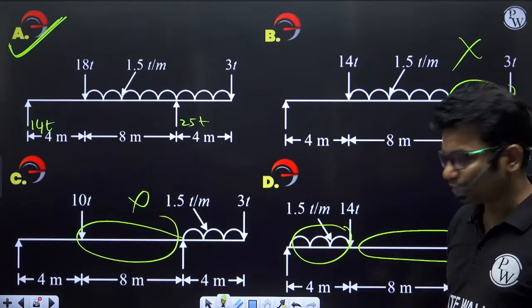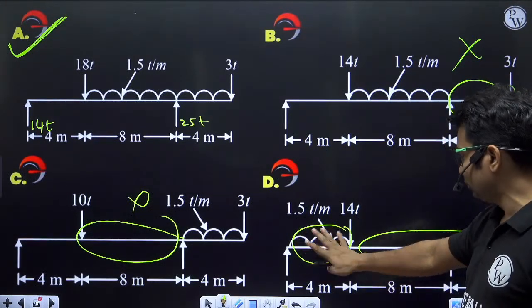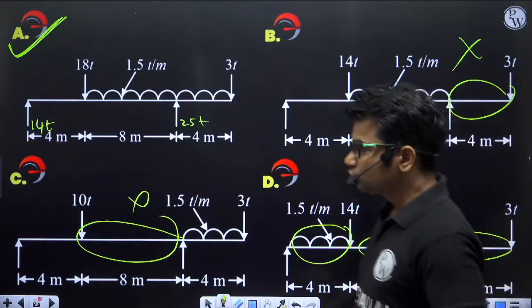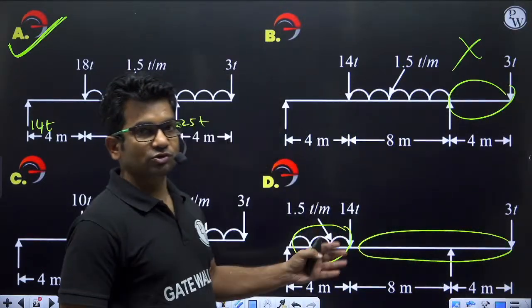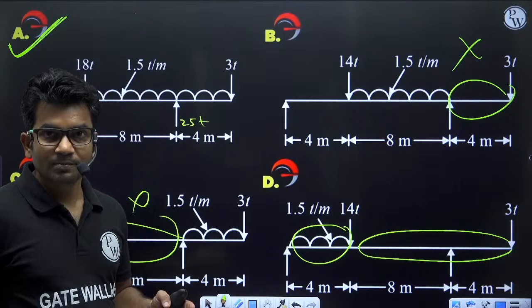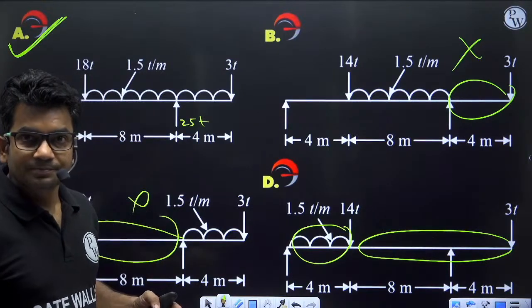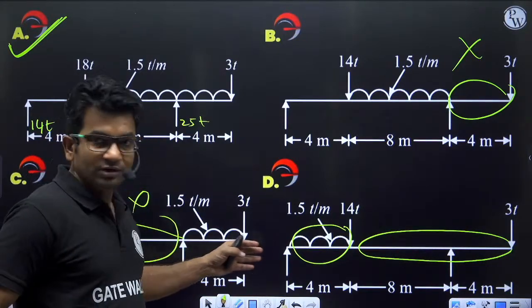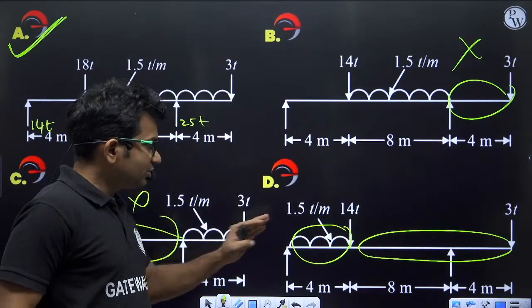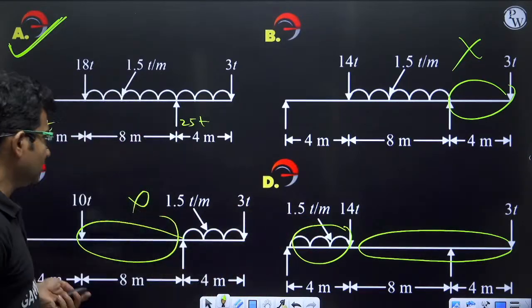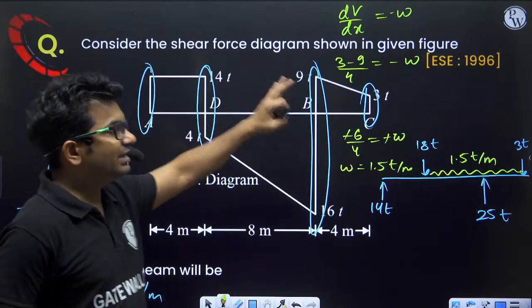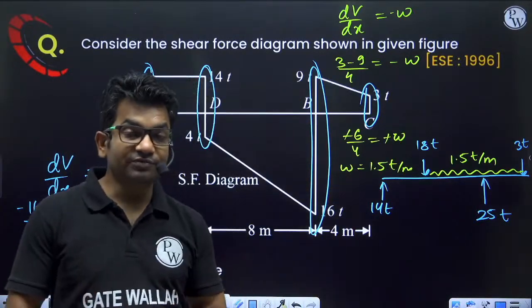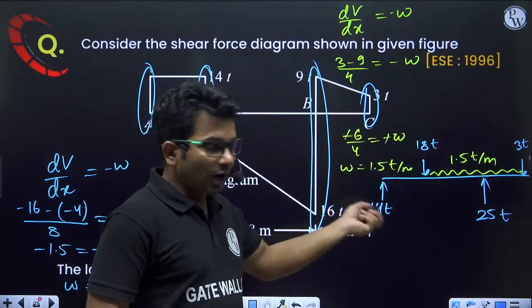So exactly opposite, here there should not be any UDL and here there should be UDL. So without any calculation also this question could have been done, right?